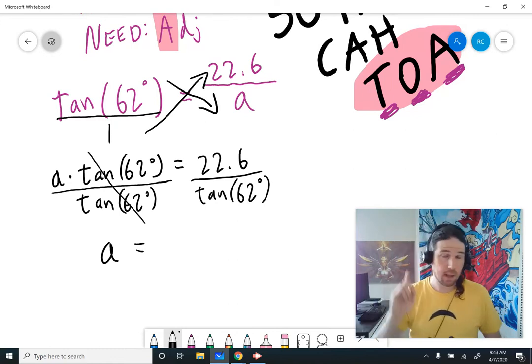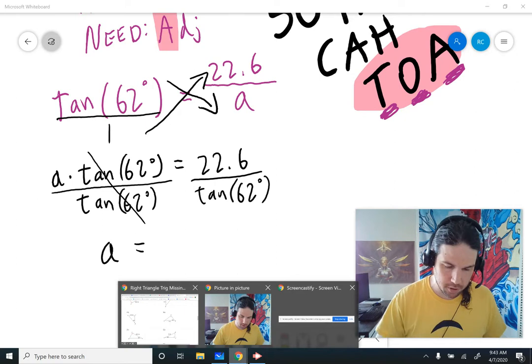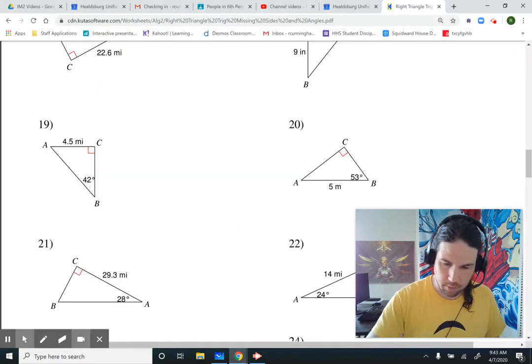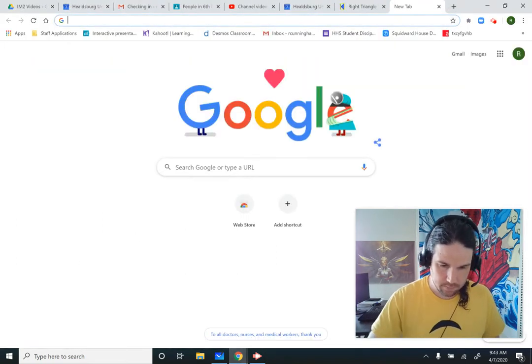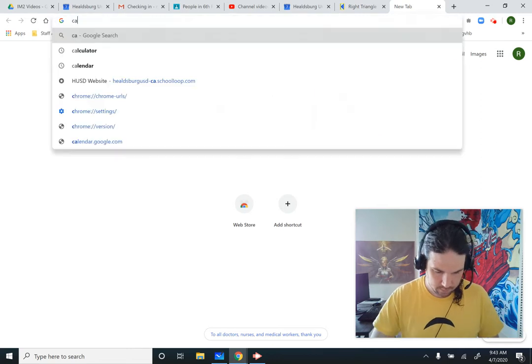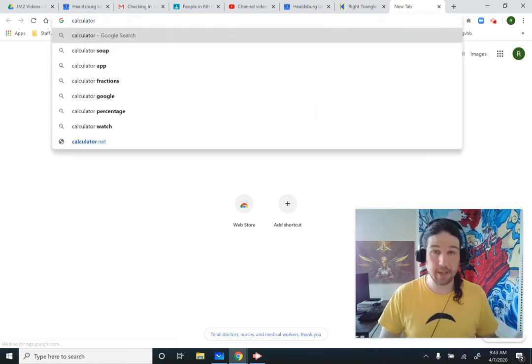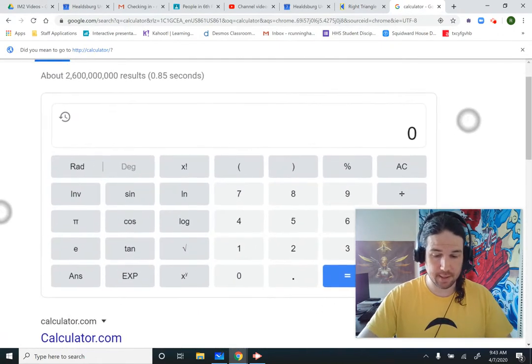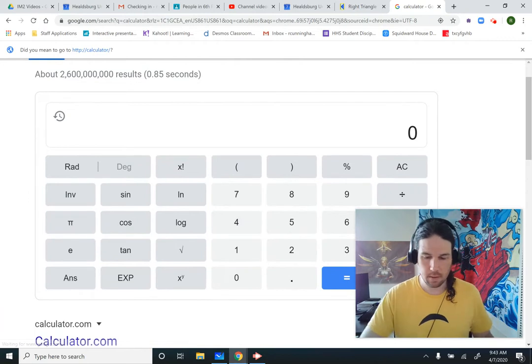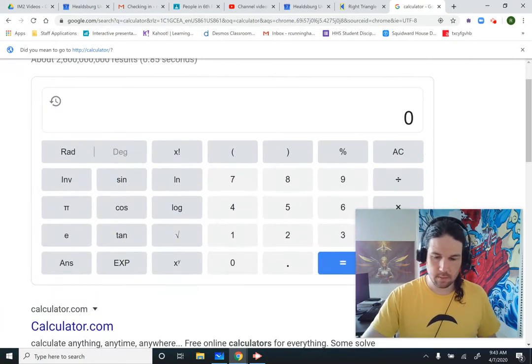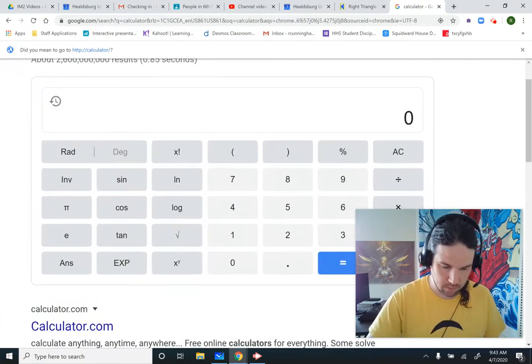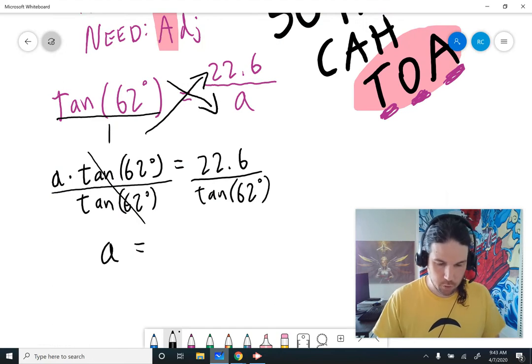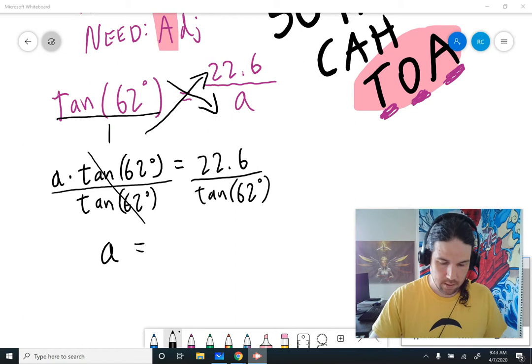Now, I'm going to go ahead and switch over to the Google calculator. Again, if you just type the word calculator into Google, you will get a fully functional scientific calculator. Now, going back over to it, it was 22.6 divided by tangent of 62 degrees.